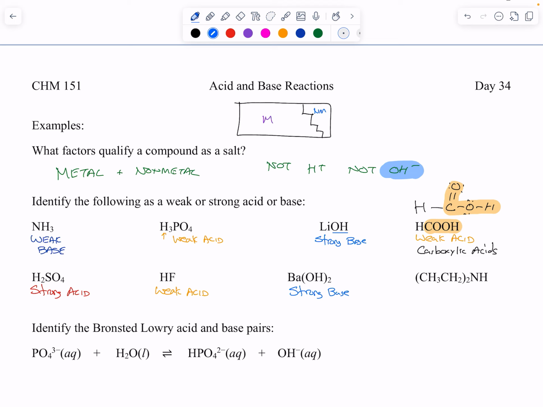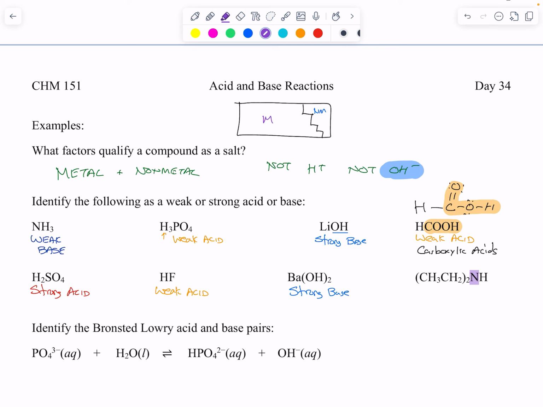Well, the key here is that element right there. All right, the N. Why is that the case?